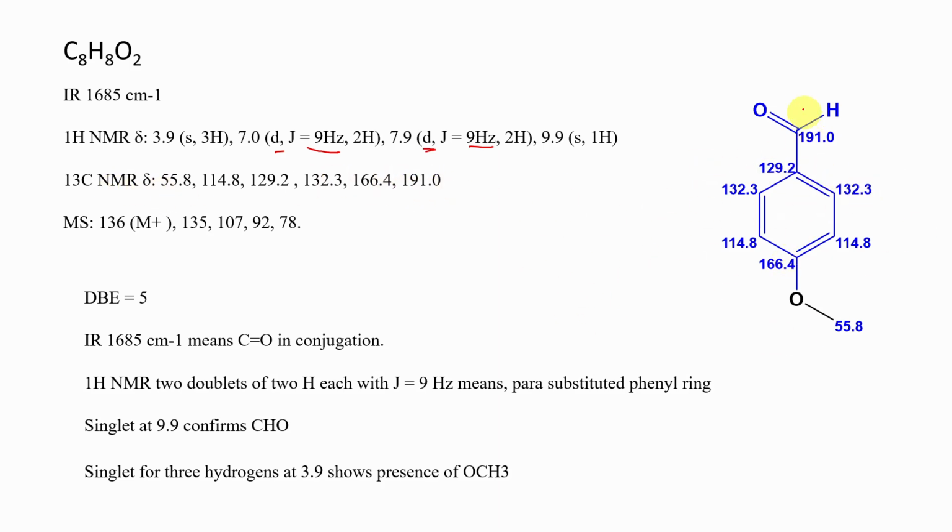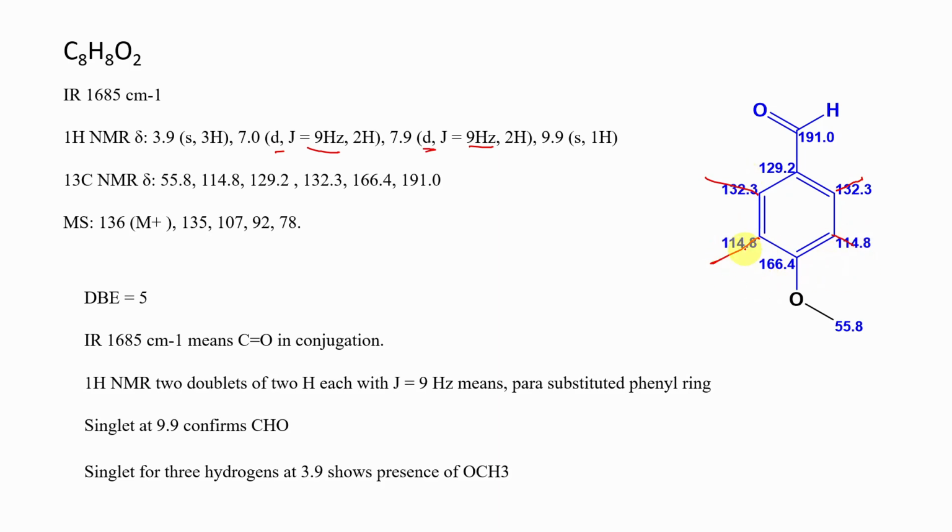Then see the molecule is para disubstituted. So this hydrogen here and here both are equivalent, and also the hydrogen here and the hydrogen here are equivalent, so there are two sets of hydrogen in the ring. These two hydrogens have the same chemical environment, and hence we get a two hydrogen doublet by interacting with the neighboring hydrogen atom.